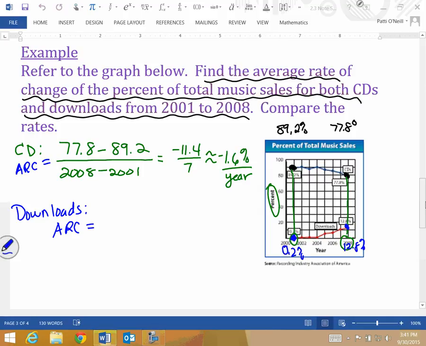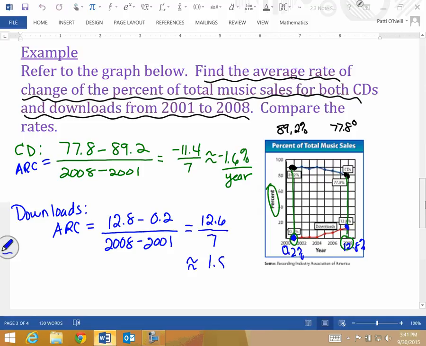We're going to do 12.8 minus the 0.2 over the same years, because we're comparing the same span of years, and we'll get 12.6 over 7, which turns out to be approximately 1.8% per year if you do that on your calculator. You should make sure that you can do these things on your calculator too. Even though I'm giving you the answers to them, you should try to do them along with me so that you get used to punching in the keys on your calculator.